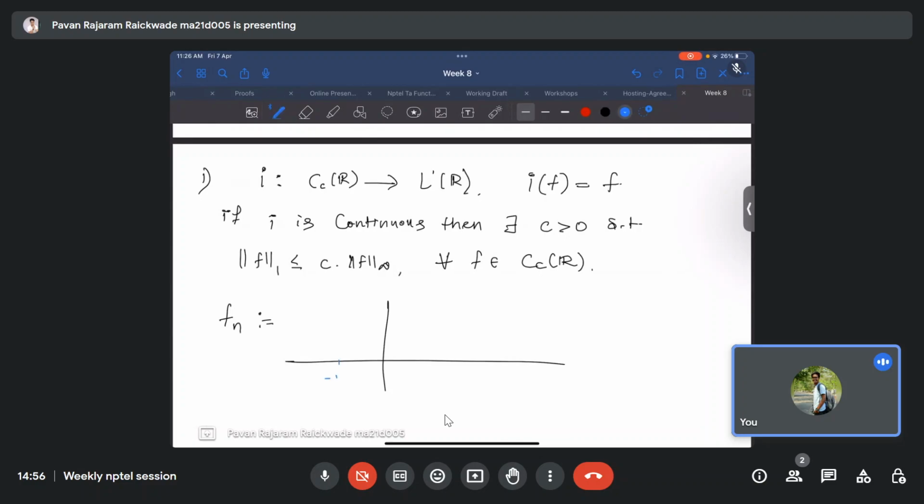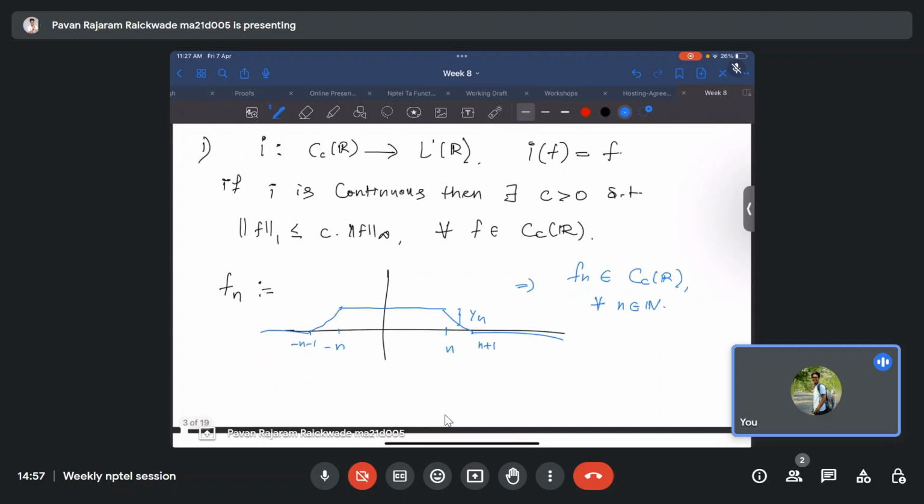You take the interval from minus n to n, and on that interval the function is 1 by n, and then you decrease it slowly to 0, from n to n plus 1, and minus n minus 1 to minus n. So f_n has compact support: it's non-zero only between minus (n plus 1) and n plus 1, and otherwise it's 0 everywhere. That means f_n belongs to C_c over R for all n belonging to the natural numbers.